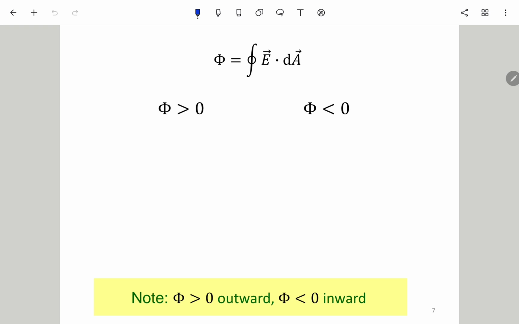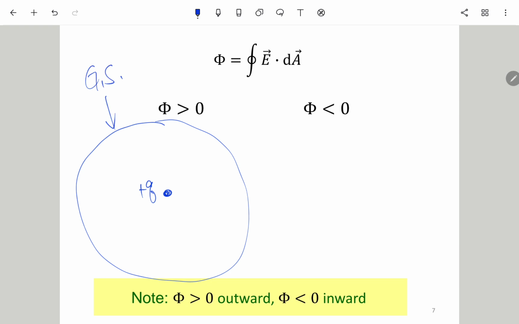Also, I think I already mentioned this, but I can draw another figure to elaborate a little bit more. Let's assume we have a positive charge, and here we assume this is the Gaussian surface.